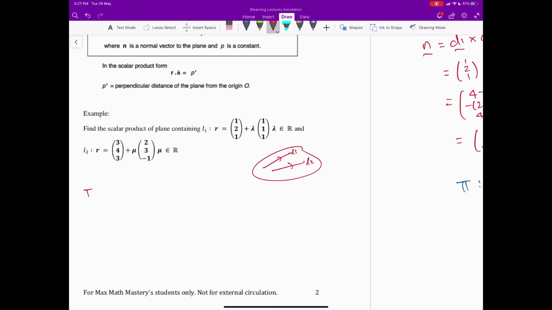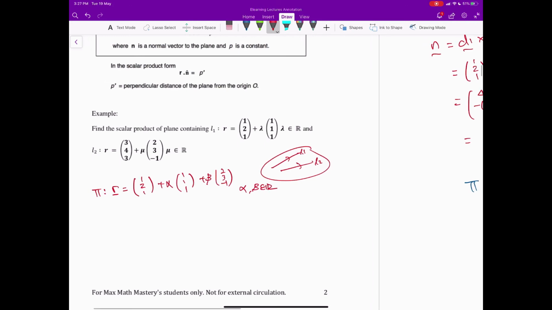So your plane should look something like that: r equals (1, 2, 1), or you can use (3, 4, 3), doesn't matter, plus lambda (1, 1, 1) plus mu (2, 3, -1). Since the question already used lambda and mu, let's avoid using them again. We can use alpha and beta, where alpha and beta are real numbers.